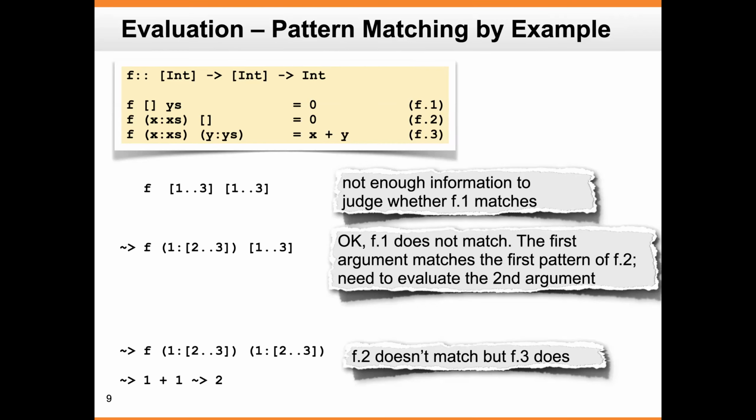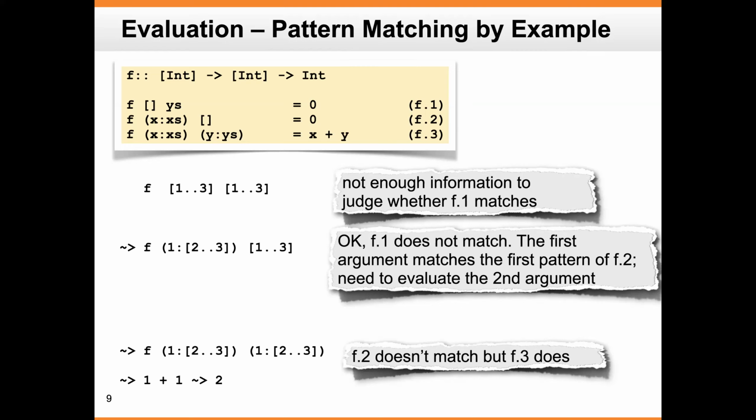So I will need to extract the first element, 1. So to decompose the list into the first element, which is 1, and the rest, which is the interval 2 to 3. And then at this point, I see that the first parameter is not the empty list. So the first pattern doesn't match. I don't evaluate the first argument further, and I don't evaluate at all the second argument.